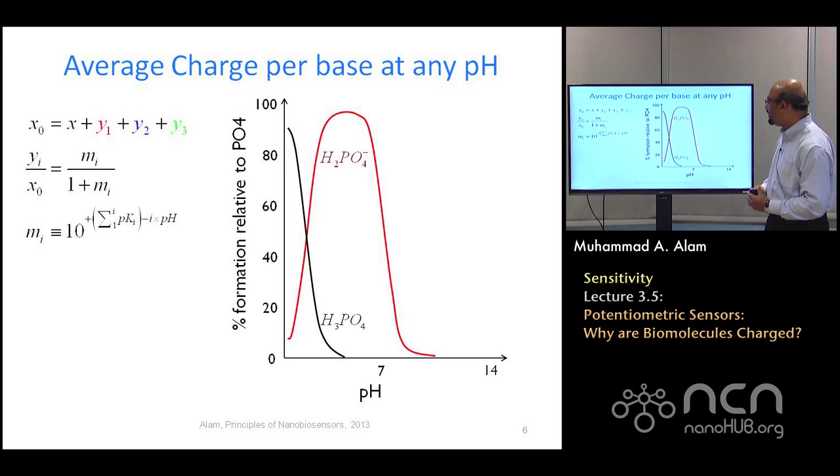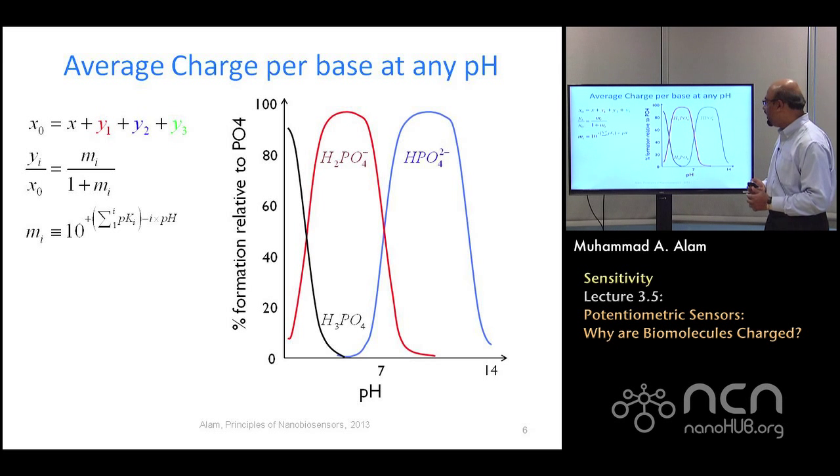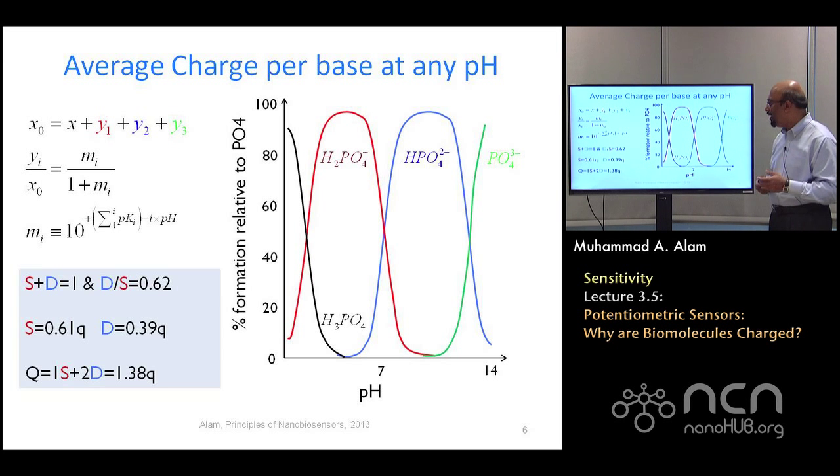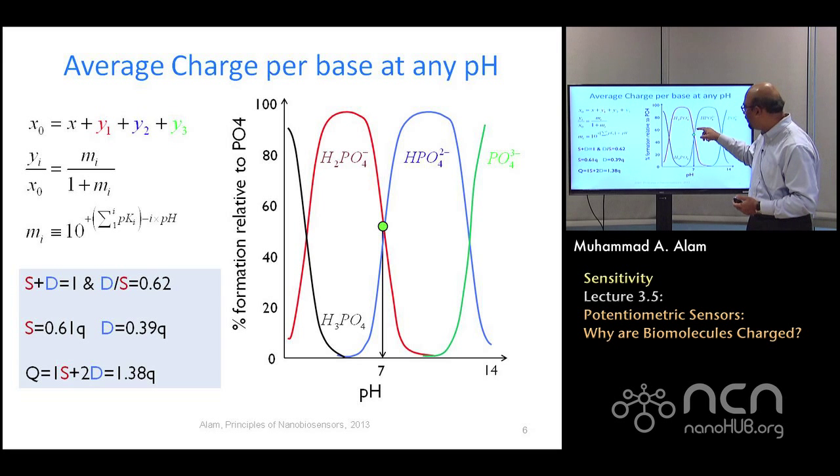And then you had singly charged, then doubly charged, and finally you have this residue where almost all the hydrogen protons have left, very highly charged here. Remember the calculation we just did in the previous slide? What was the answer? At pH equals 7, the charge is approximately 1.38, and you can calculate the ratio between the blue and the red at this point, at pH 7, is indeed close to 0.62, and that's what the calculation we did.